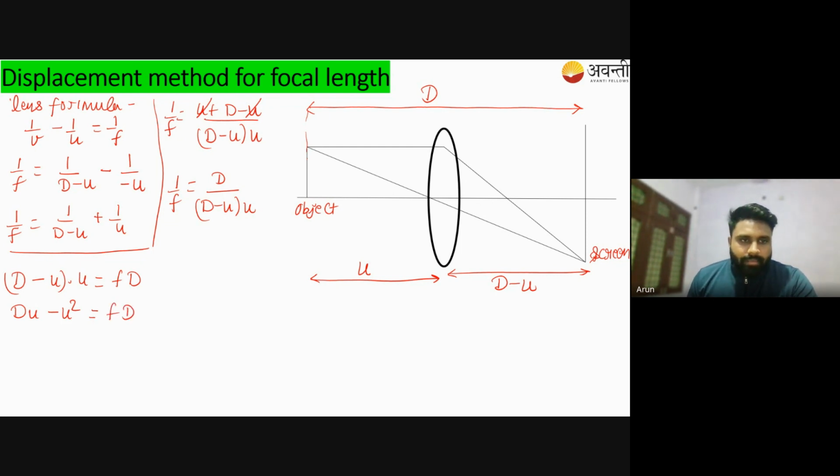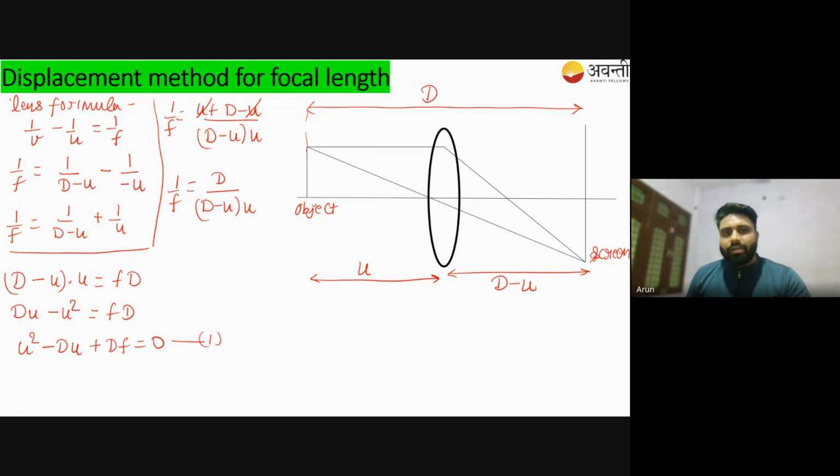So from here you can say it is Du minus u square is equal to f into capital D. If you take this to the other side, it will become u square minus Du plus fD, or you can say Df, is equal to 0.